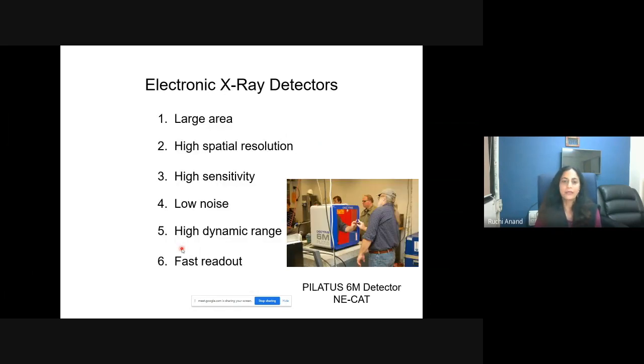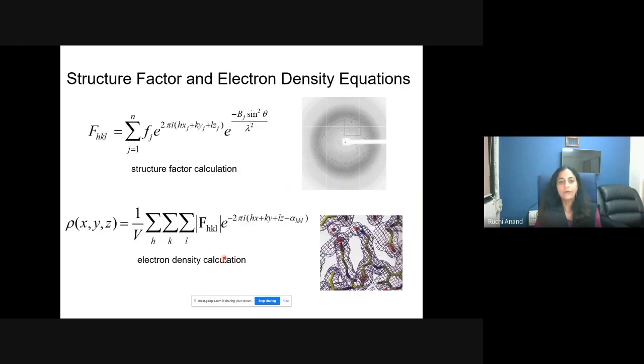From the diffraction pattern, we are able to collect the data in good detectors, as shown with different qualities over here. And from there, we fit these dots to our data, which is made up of something called the structure factor. And here, F is the scattering. If it's carbon versus oxygen versus a heavy atom like iron, the scattering will go up.